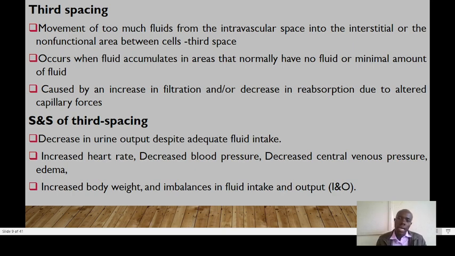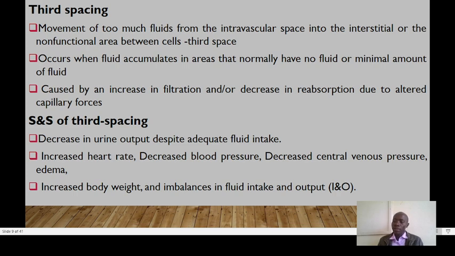Remember, when you're looking at the different compartments, the intracellular compartment gets the largest portion of the fluids. So when you have a shift of fluids, this results in what we call third spacing. It occurs when fluid accumulates in areas that normally have no fluid or a minimal amount of fluid, and is caused by an increase in filtration or decrease in reabsorption due to altered capillary forces.